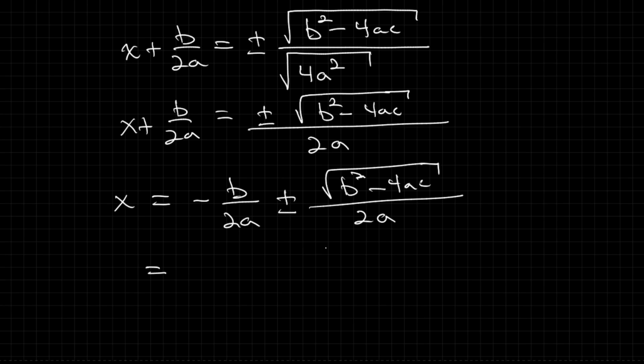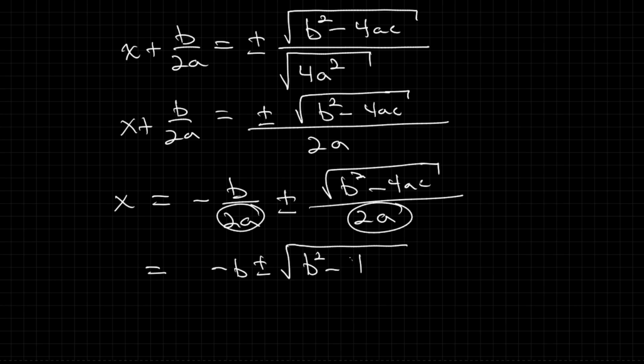And combining these two, because they both have a common denominator of 2a, I can combine these fractions. I get negative b plus or minus the square root of b squared minus 4ac all divided by 2a, which of course is the quadratic formula.